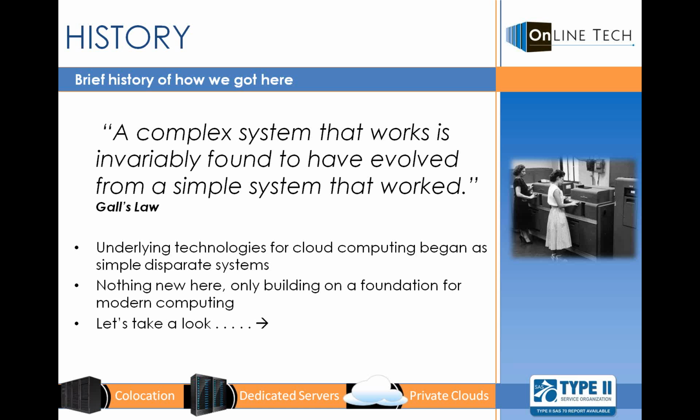So let's look at the history of the private cloud, or cloud computing in general. Where does it start? Look at Gall's law. A complex system that works is invariably found to have evolved from a simple system that worked. So with the cloud, we take the building blocks of the past, components that have worked, we stitch them together in a way that adds value, and it adds a big value.